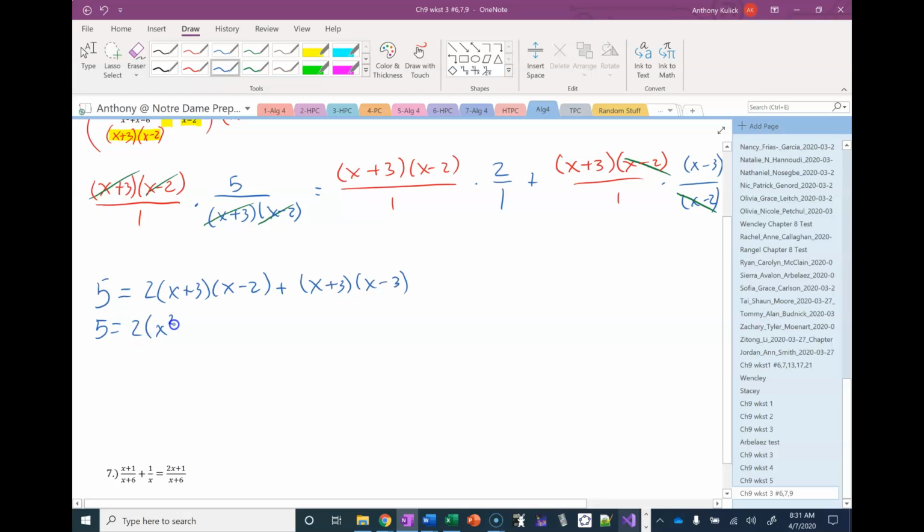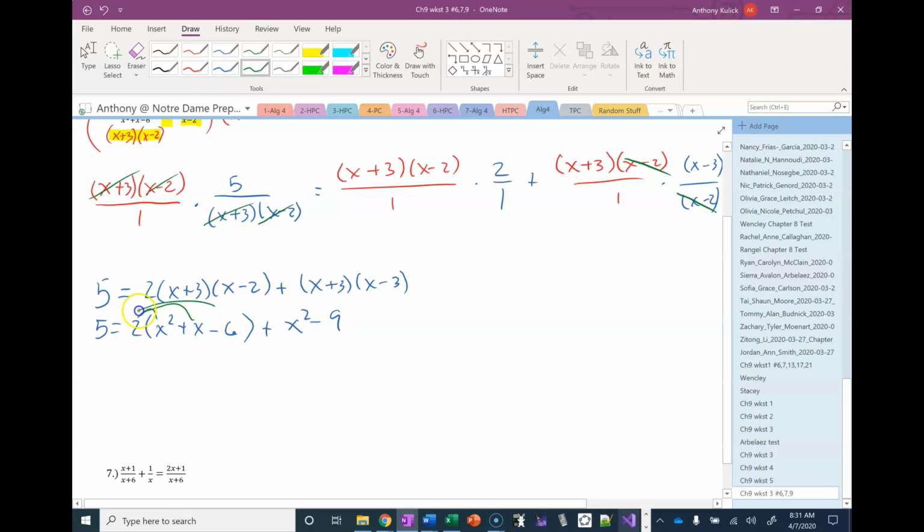So x plus 3 times x minus 2, we already know what that foils out to because we factored it earlier. Then we multiply out x plus 3 times x minus 3, and we get x squared minus 9.